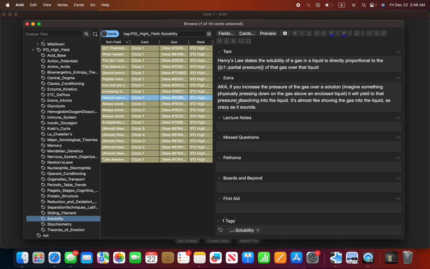Interesting. So pressure is basically the priority here. When you're pressing, the gas dissolves into the liquid.